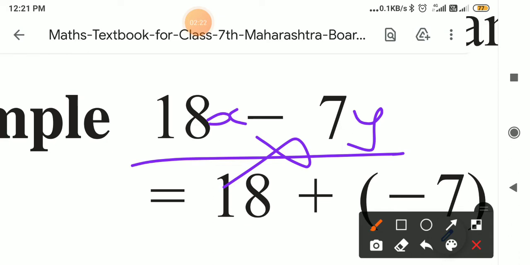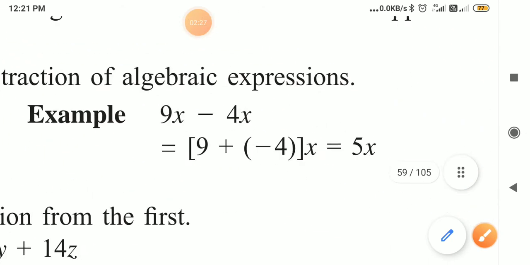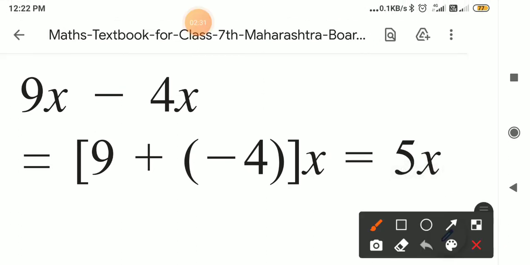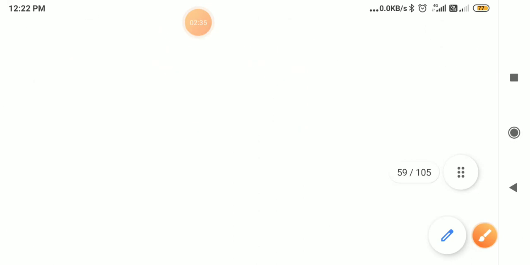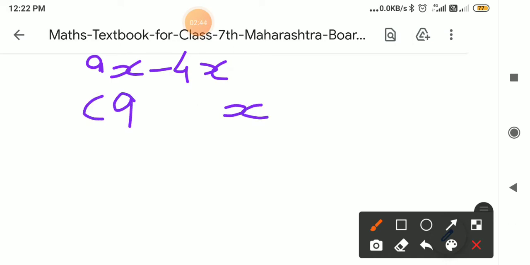First of all we will see some examples. Here it is given 9x minus 4x. When such an example comes in the exam, what do we have to do? Take x common outside, and here 9 minus 4, which is equal to 5, and here x.